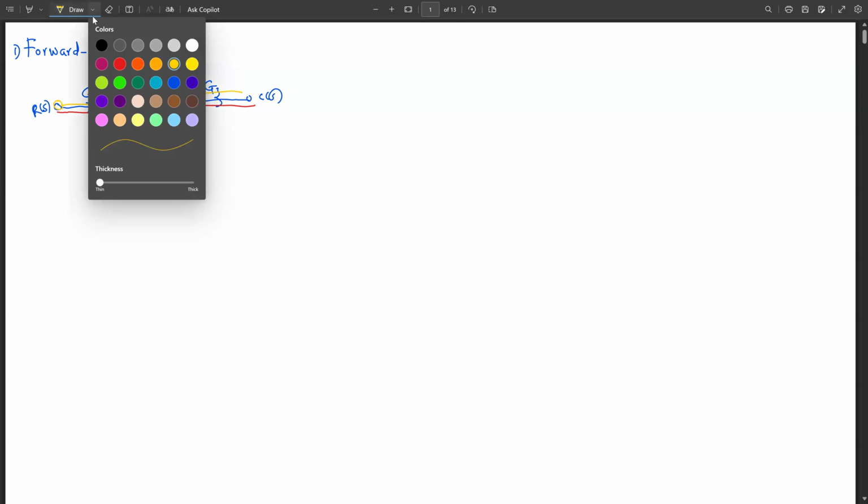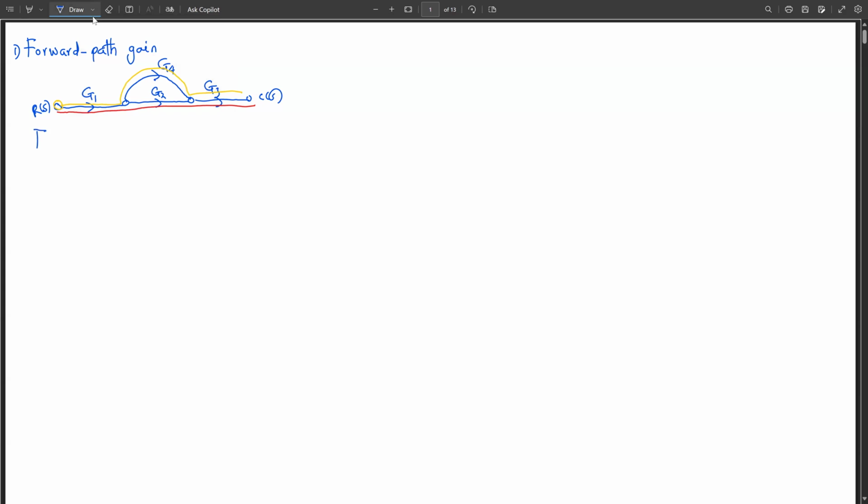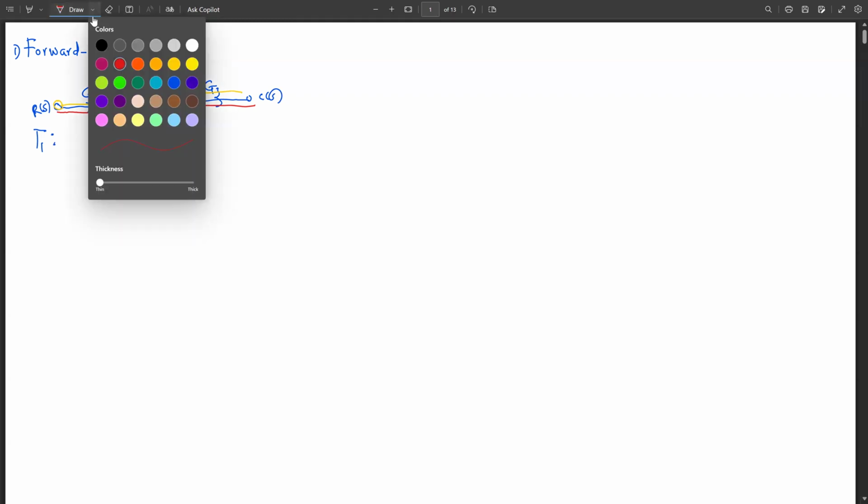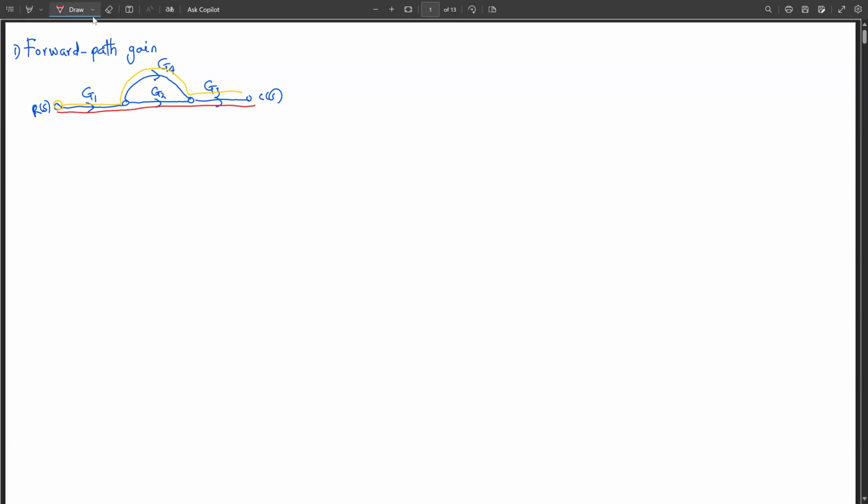So the forward path gain for the red forward path is simply going to be the multiplication of the gains G1, G2, and G3, right?